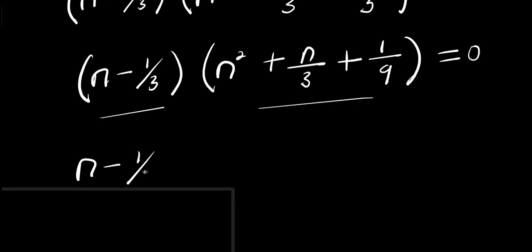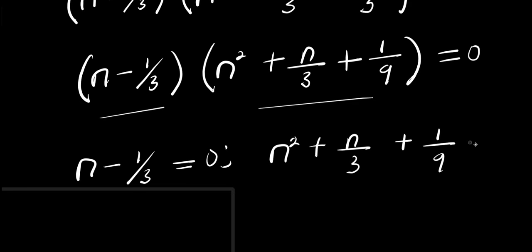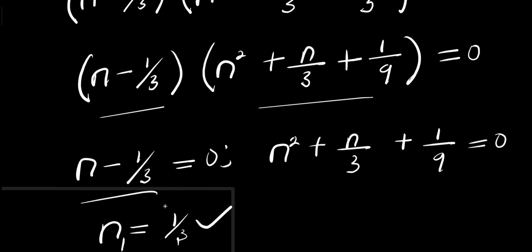We have n minus 1 over 3 equals 0, and n squared plus n over 3 plus 1 over 9 equals 0. To solve each of these, let's start with this one here. I have n equals 1 over 3. That is my n1, and this is in fact a real solution.